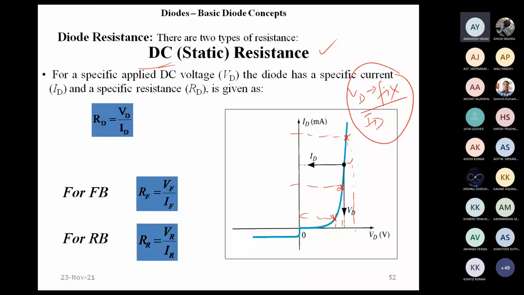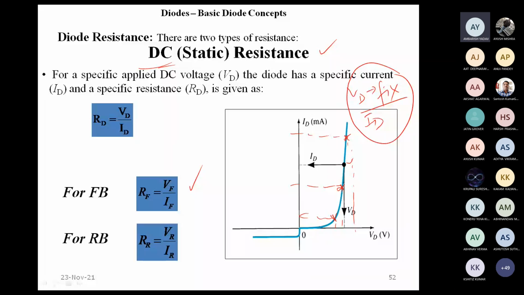So in the forward bias, we can define this resistance as the forward biasing voltage divided by the corresponding value of the forward current.